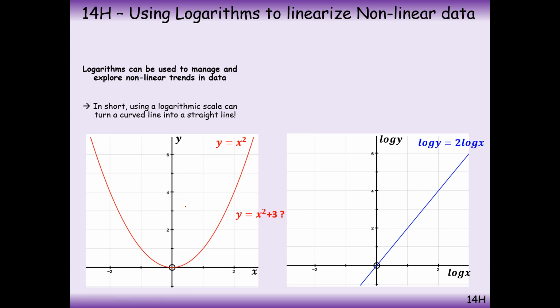So what would happen to this model if you have x squared plus 3? Taking log of both sides, you will have 2 log of x. What would the intercept be then? Well, log of x squared plus 3 actually doesn't make a good model.